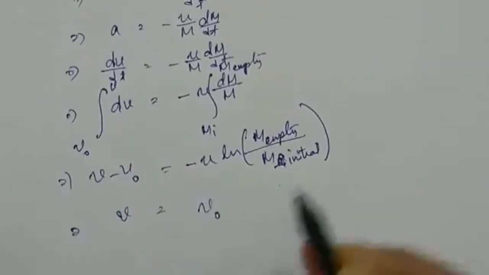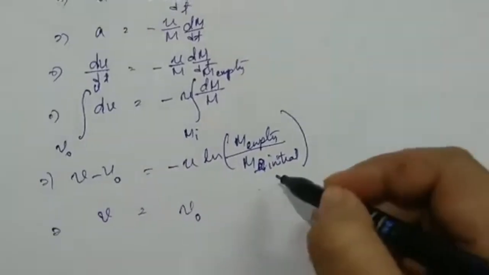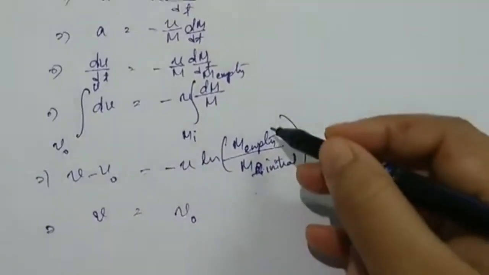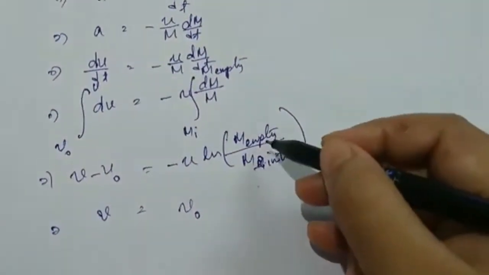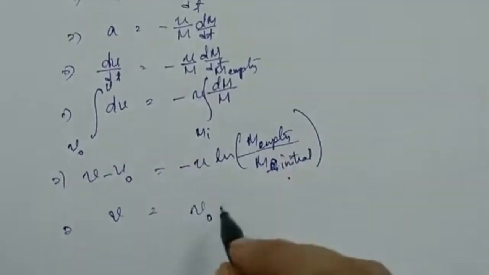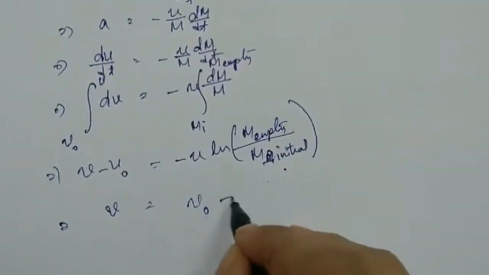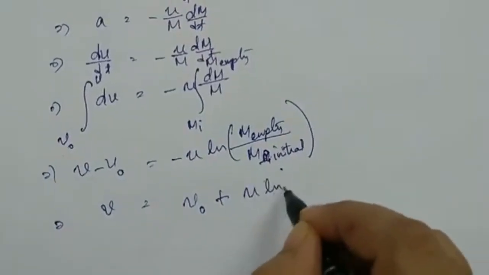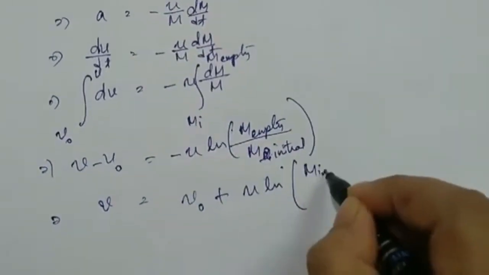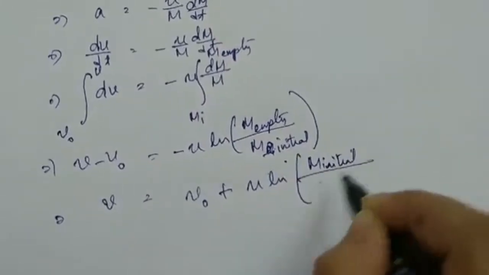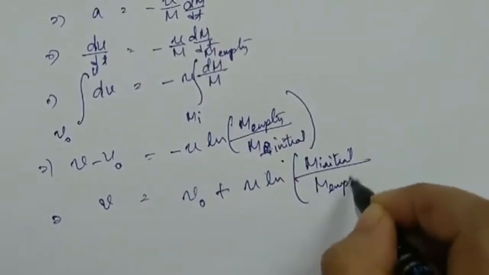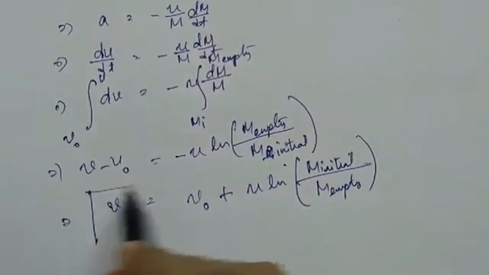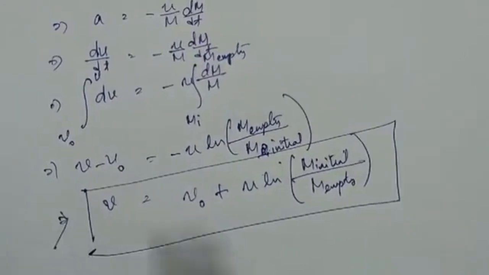So the initial I will keep in the numerator, and the other in the denominator, so there will be a minus, so it will be positive. So v equals v naught plus u ln m initial by m empty. Okay, fine.